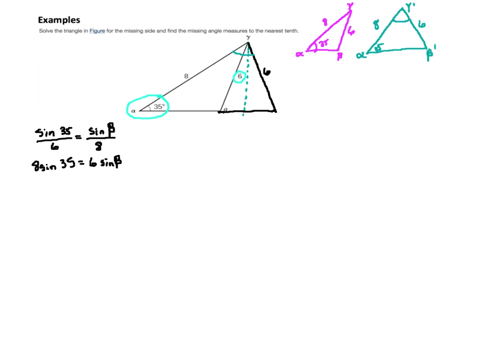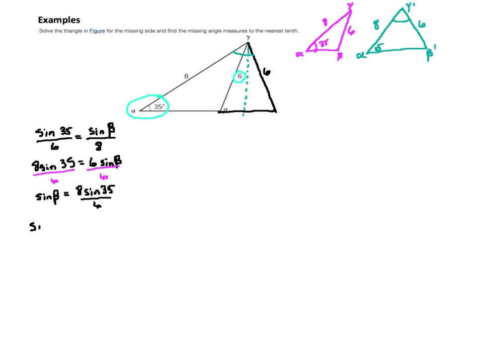And I come back and divide both sides by 6. And that gives me that the sine of beta is equal to 8 times the sine of 35 divided by 6. But I don't want to know what the sine of beta is. I want to know what beta is. So we got to pull more information that we've already learned into this process.